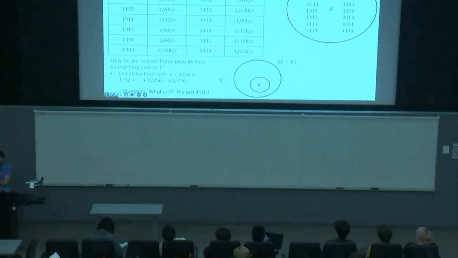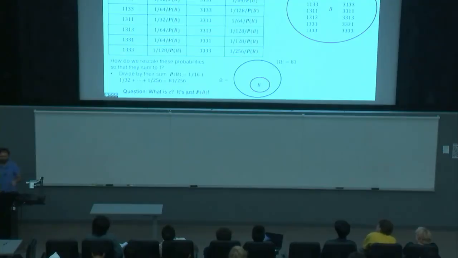That's just the probability of B, okay? Hopefully that's satisfactory. It made sense to me when I wrote it. So in other words, if I take all the original probabilities and I divide them by the probability of B, I'll have another slide that maybe will convince you if you're not happy with this argument so far. If I divide all these probabilities by P of B, then I will get the conditional probability.